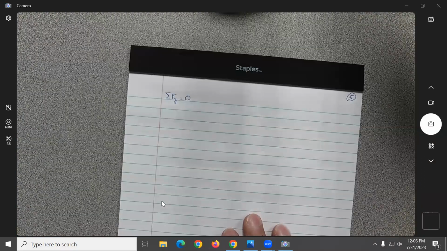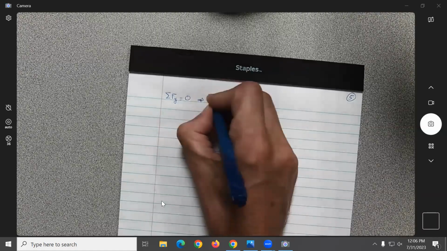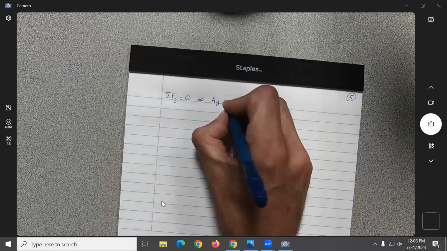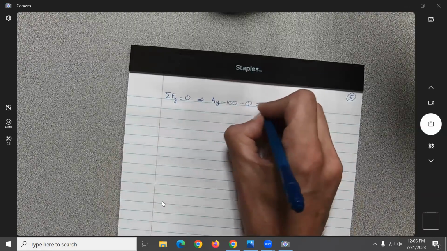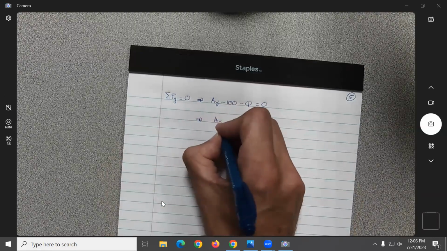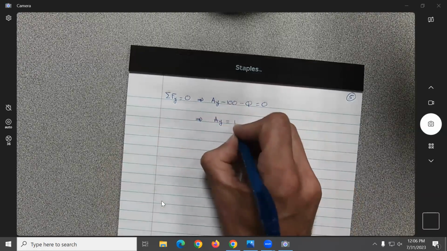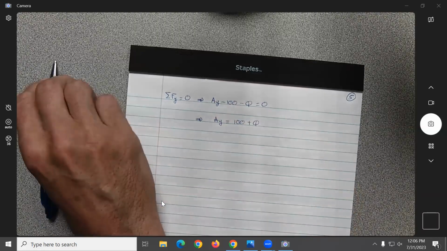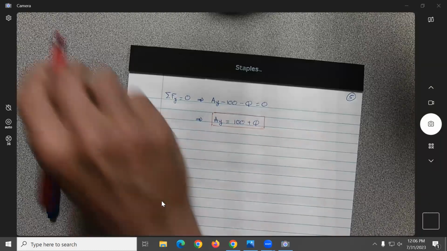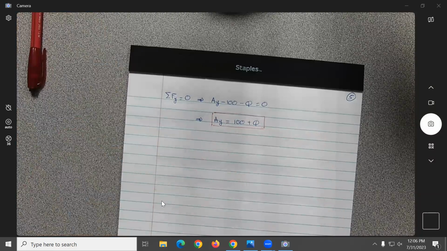If you look at the figure, that will give you just AY minus 100 minus Q equal to 0, which will give that AY will be equal to what? 100 plus Q. Okay, so we found the value of the reactions in function of Q. Okay?